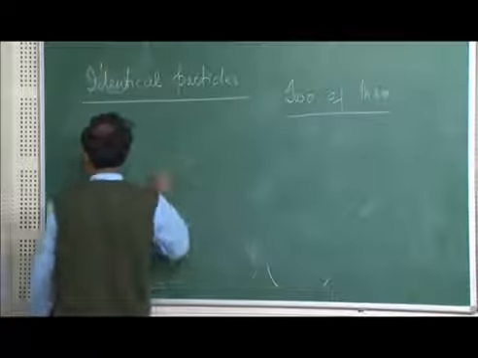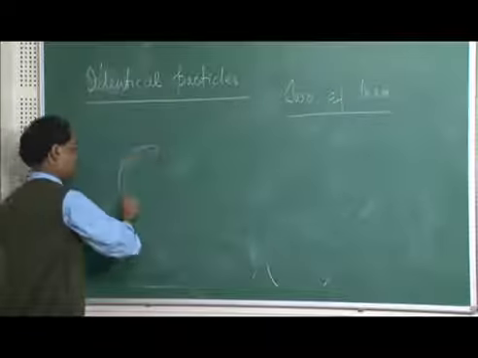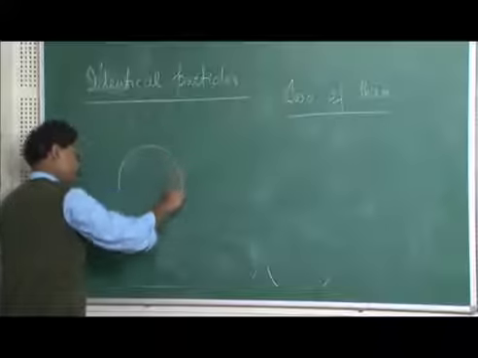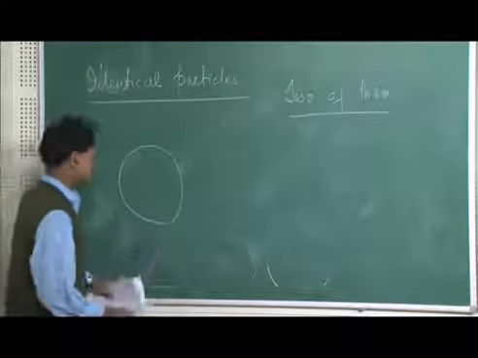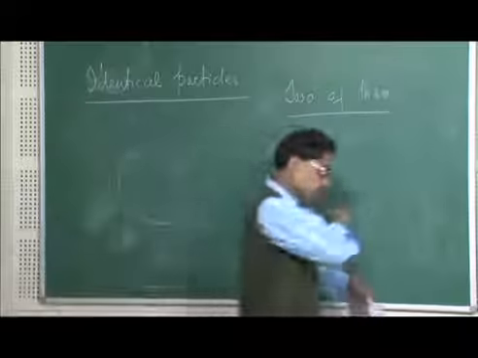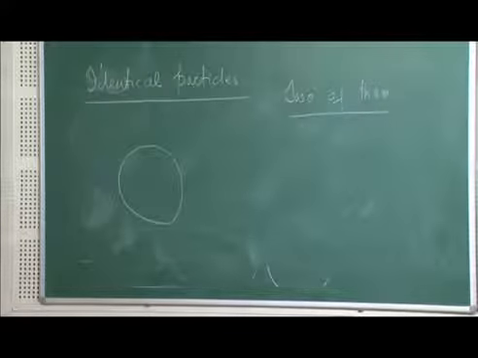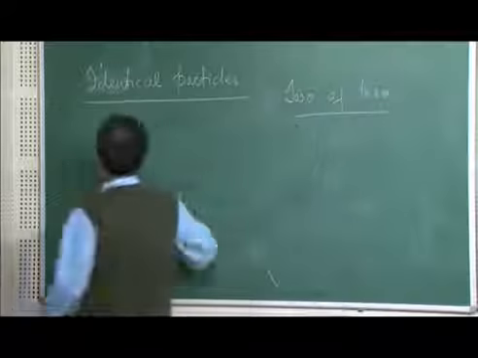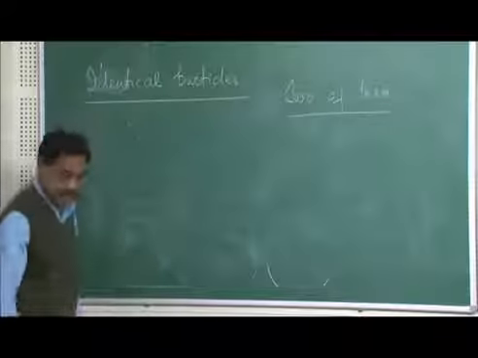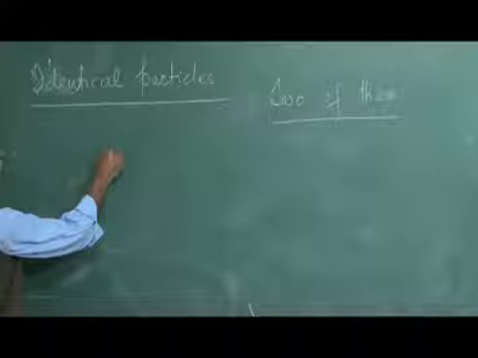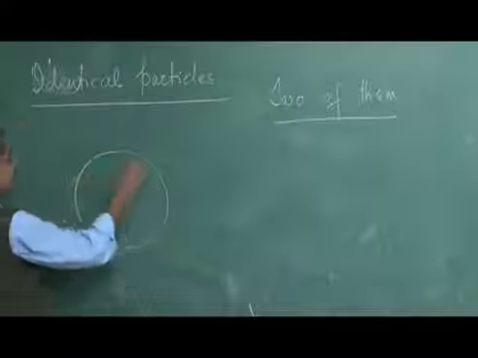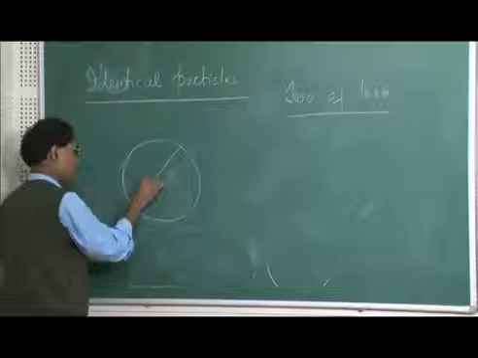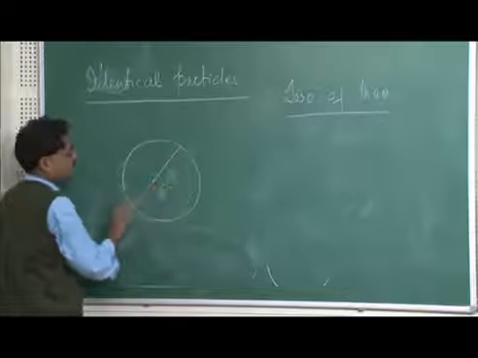Consider one of them which is static, or more physical way of saying this, I am moving in the frame of this molecule, I am moving with this molecule, so that to me it is static. So, this is one having diameter d, this is diameter d.